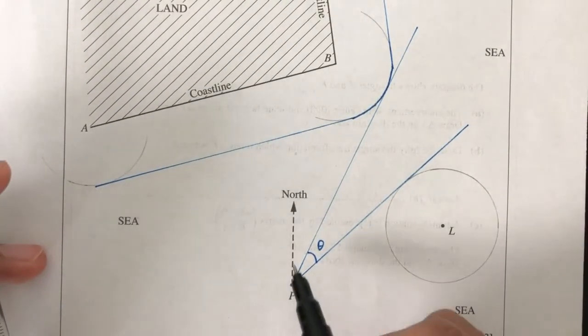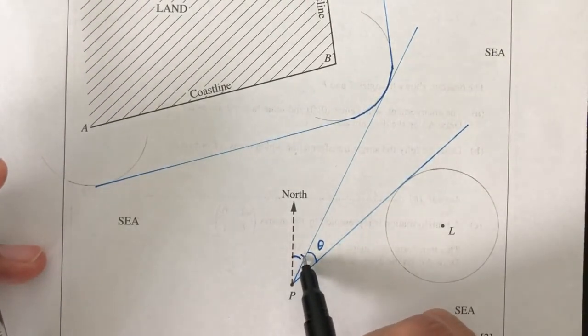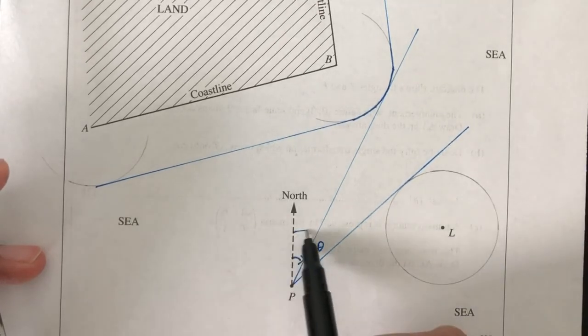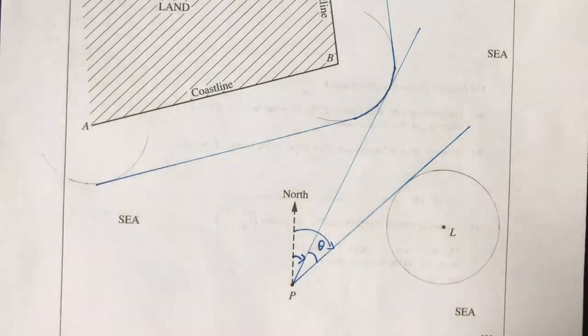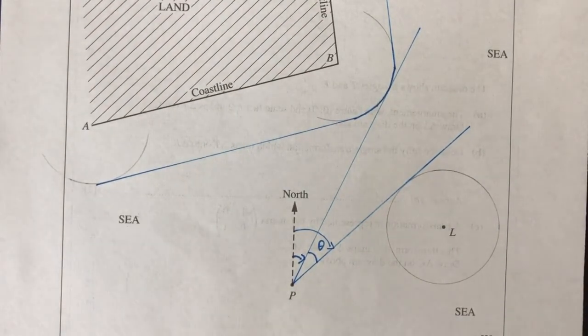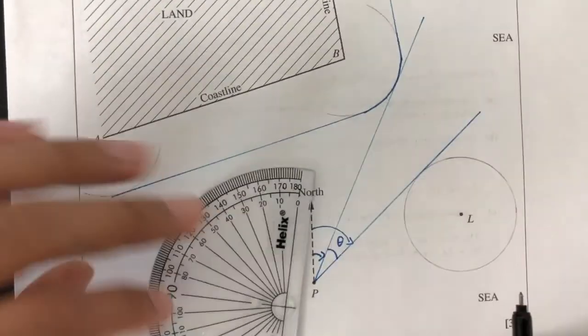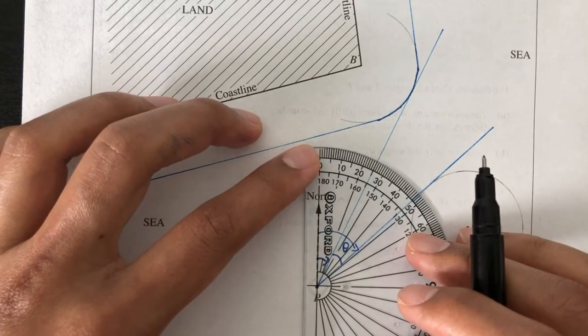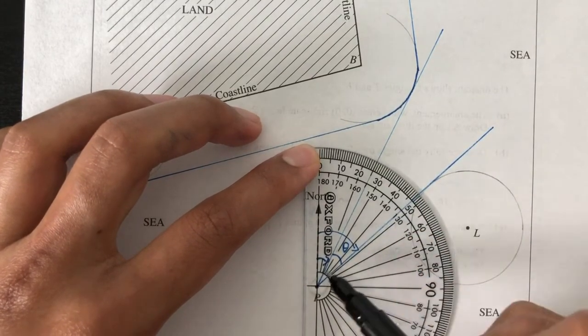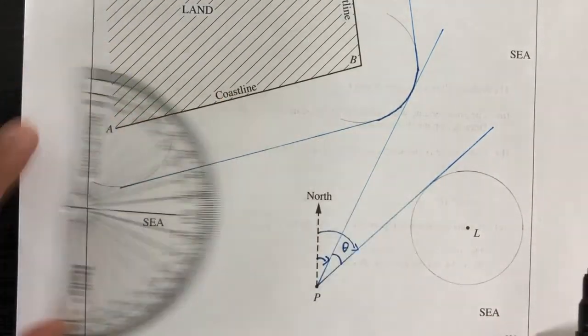So the bearing is from this point to this, and this point to this, right? So the first bearing, let's measure this angle. We have to use that point. So what is the first angle here? This one is to this line, that will be 25. So this angle here is 25.